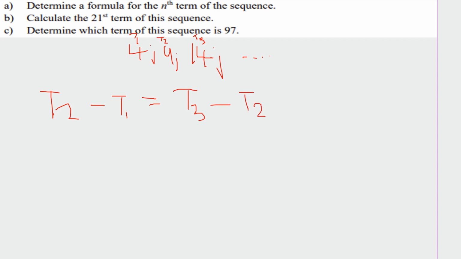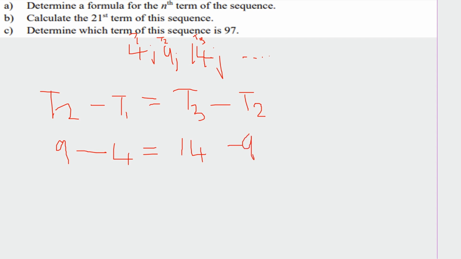You remember that for our sequence to be an arithmetic sequence, we must have a constant difference. So we check if the difference between two consecutive terms is the same throughout. So the second term has a value of 9, and the first term has a value of 4. And also we check the third term has a value of 14, and the second term has a value of 9.